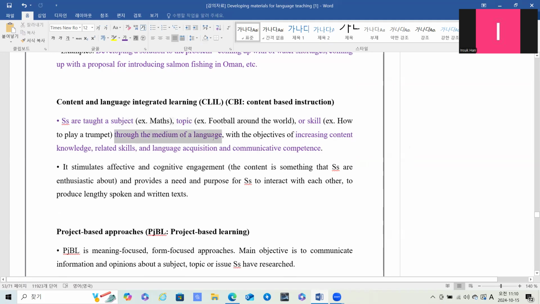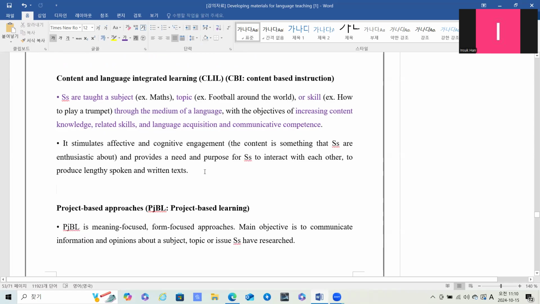So the lecturers in universities do not focus too much on teaching the linguistic aspects, but they expect that while the students are focusing on learning the content, they can recognize the linguistic structures at the same time.